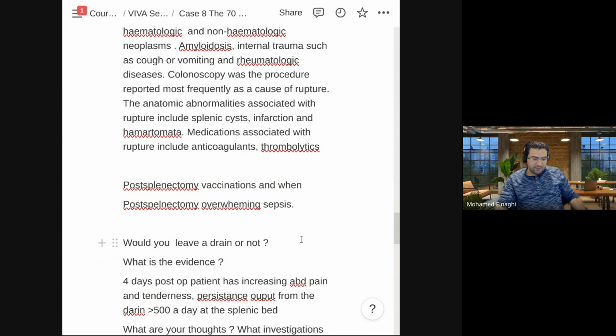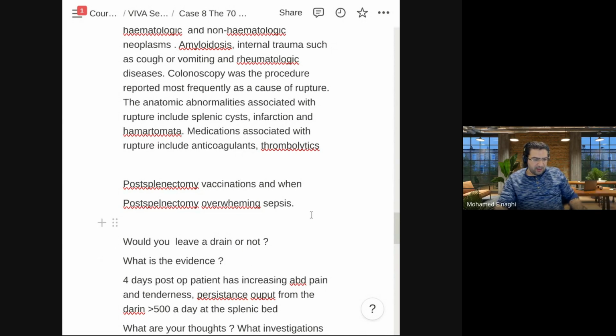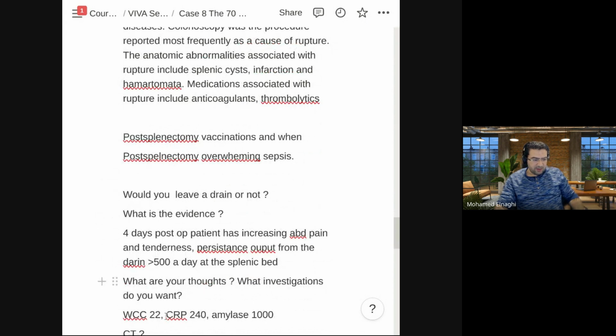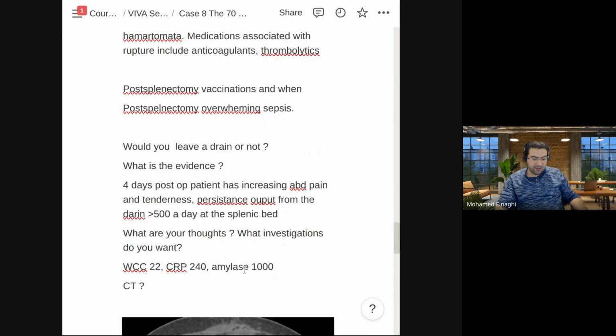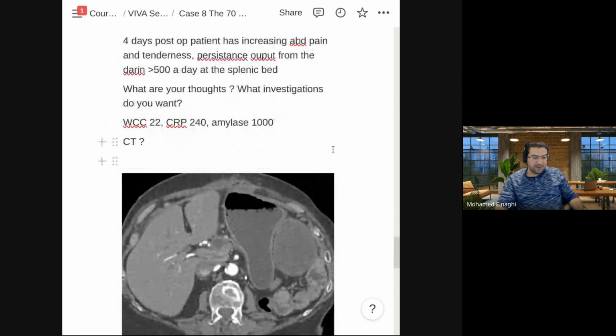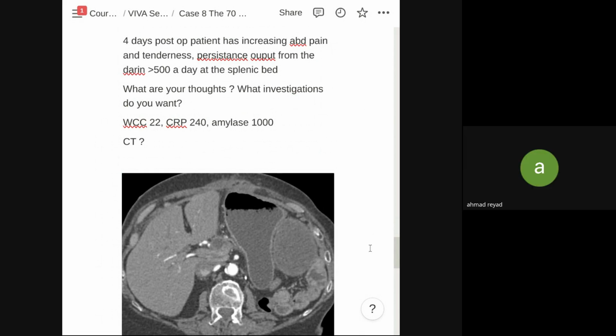Fine. So it's basically like any routine post-operative case. You do routine bloods, white cell count, CRP, maybe amylase. As you said, you do amylase level from the drains, and you go to CT, and this is what you see in the CT scan. It's really quite a sizable collection in the posterior surface and lesser curvature.